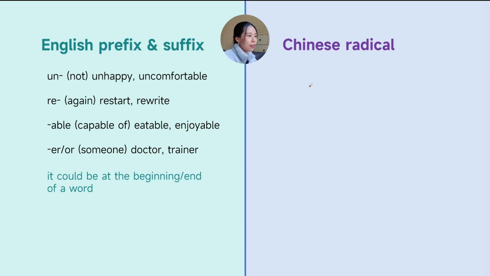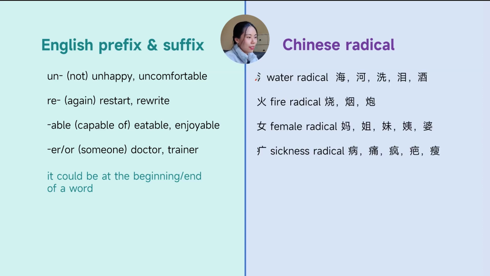In Chinese, we have Chinese radicals. Let's see, what are radicals? Let me give you some very common examples. The first one, look at this. These three little dots are the water radical, which means when you see this radical, you know this is something related to water. Like this one, this is 海, and it means sea.